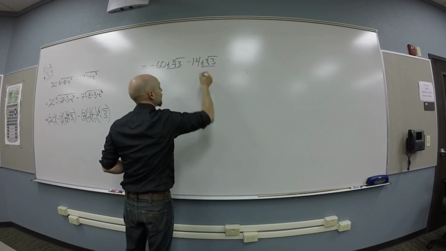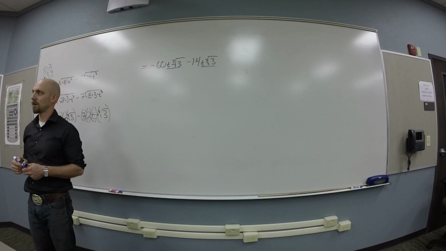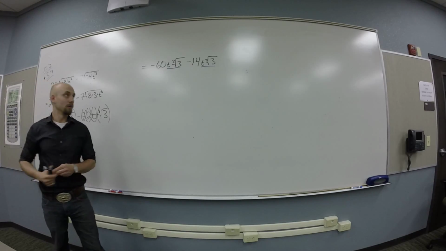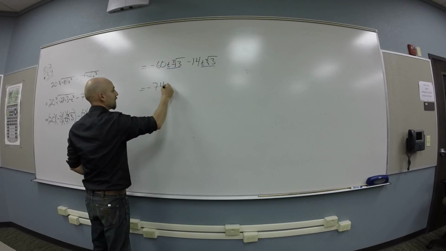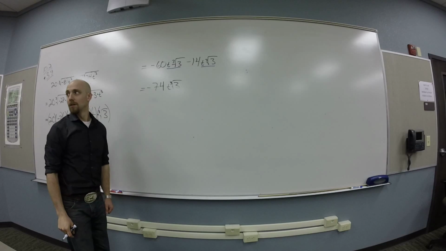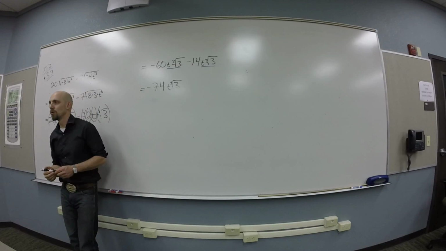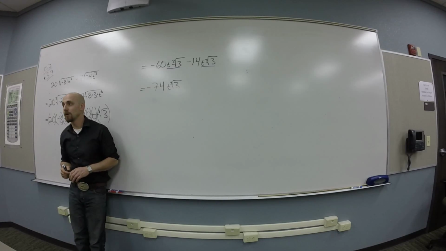These things. Those are what I'm counting here. And how many of them are there? There are all told negative 74 of them, and there are t cube roots of 3, whatever the heck that is. Cool. Can I do any better than this?